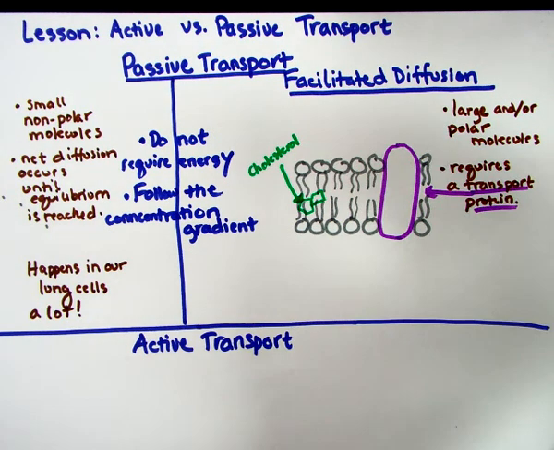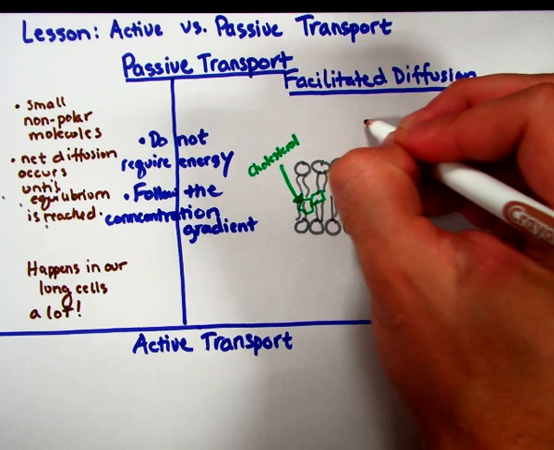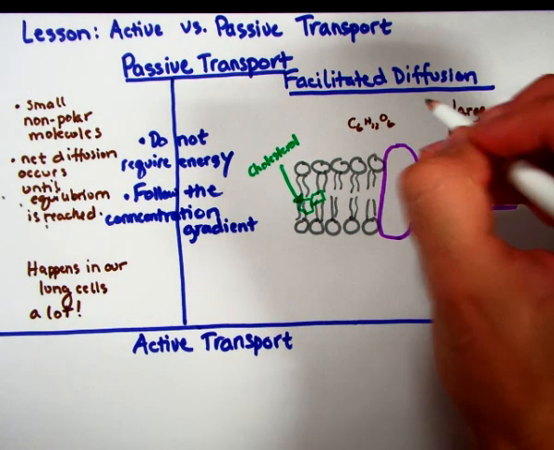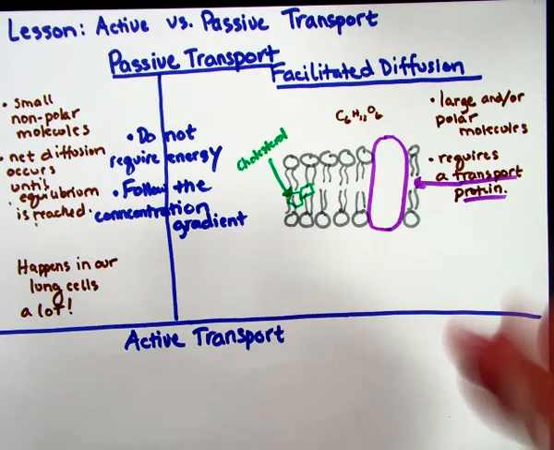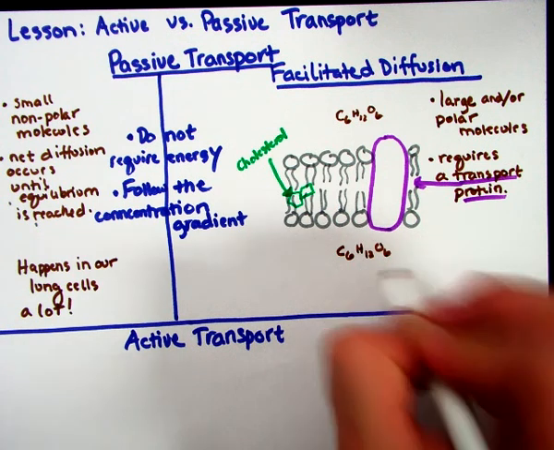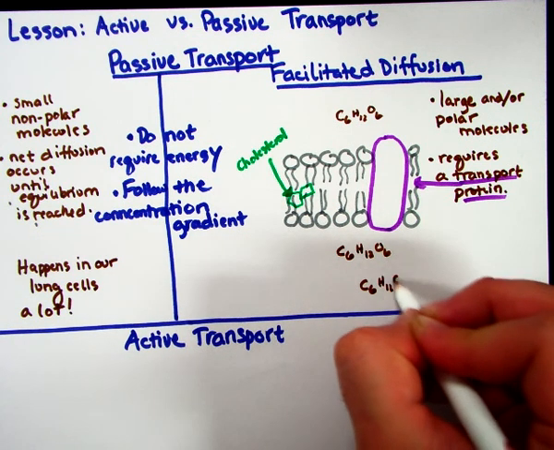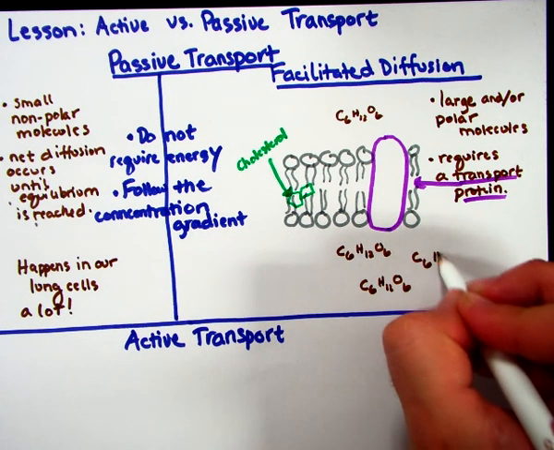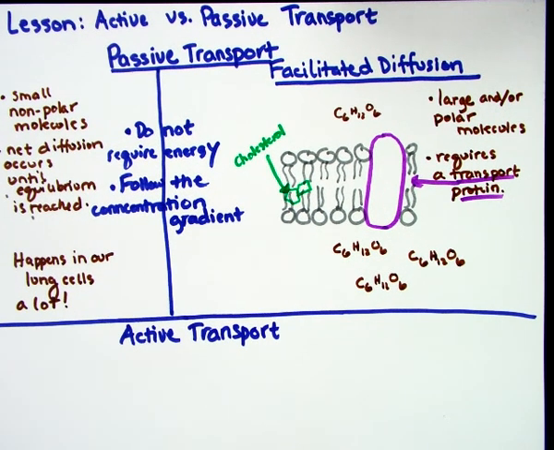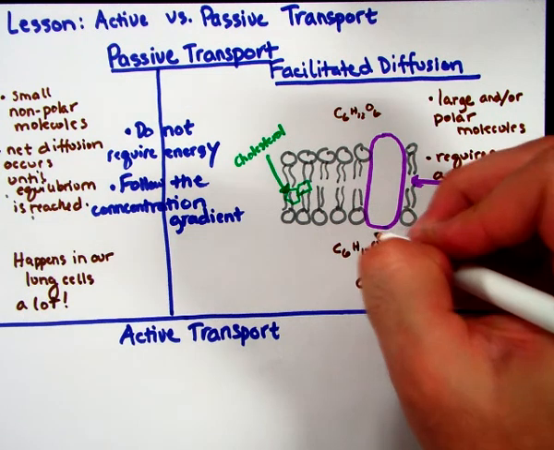So for example, we have glucose. Glucose is a large molecule. It's not polar, but it requires a transport protein to move through the membrane.